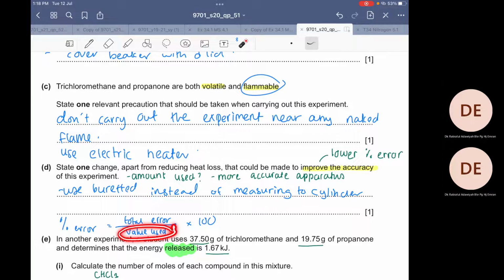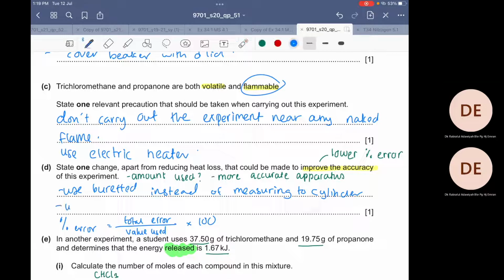Should you use a bigger volume or a small volume for your percentage error to be low? You will use a bigger volume. This is true for volume or solids or other things. So a bigger amount of something carried out in an experiment would result in a smaller percentage error.